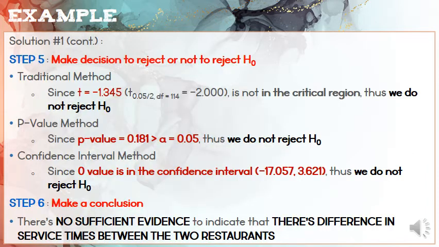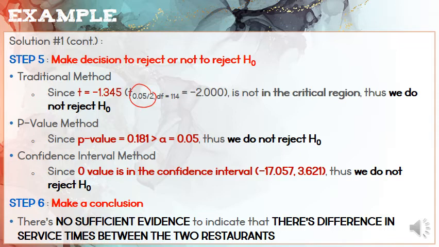Based on the value obtained, we make a decision whether to reject or not to reject H null. If you are using the traditional method, since t is equivalent to negative 1.345, we compare with your critical value, which is t 0.05 over 2, because this is a two-tail test with degree of freedom 114.